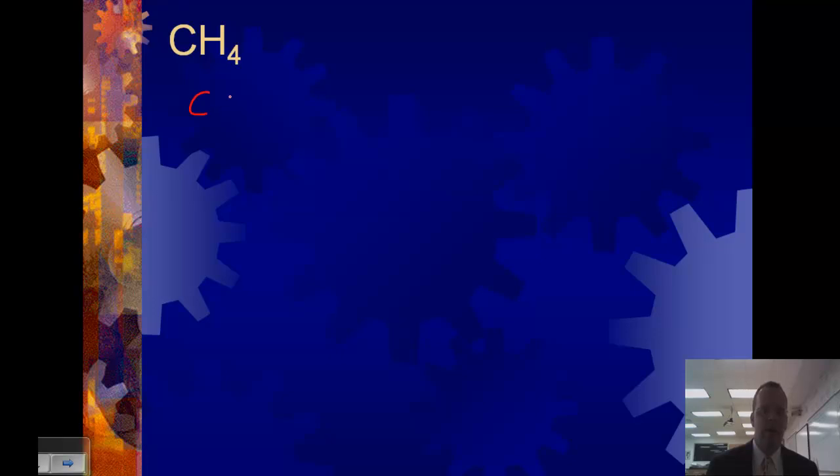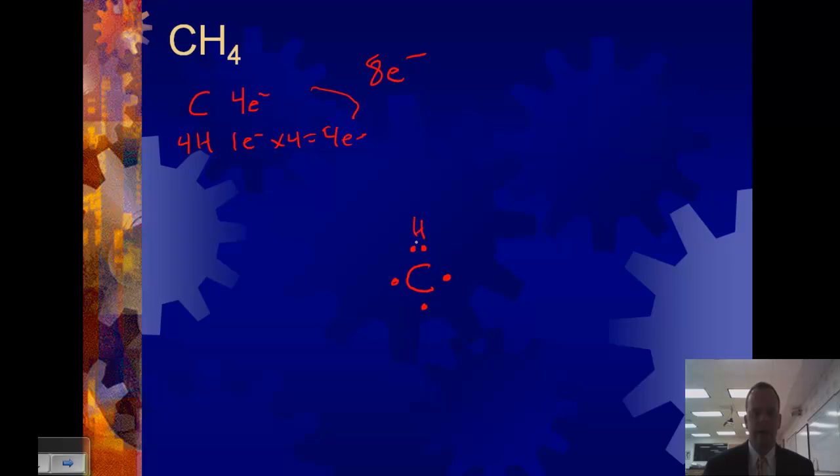We have carbon, which has 4 valence electrons. We have 4 hydrogens, which have 1 electron each. So we have a total of 8 electrons to work with. If you look at carbon, start with the first atom you're given. You have 4 electrons around the carbon. Now we want to put the hydrogen. We have 4 hydrogens, so I'm going to bond 1 to this side, 1 to this side, 1 to this side, and 1 to the fourth side.